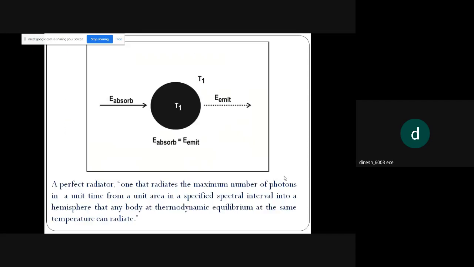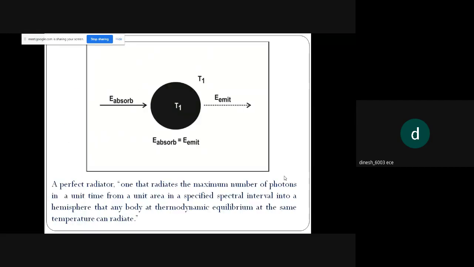So let us see that. We have a body T1. A perfect radiator is the one that radiates the maximum number of photons in a unit time from a unit area in a specified spectral interval into a hemisphere, that any body at thermodynamic equilibrium at the same temperature can radiate.